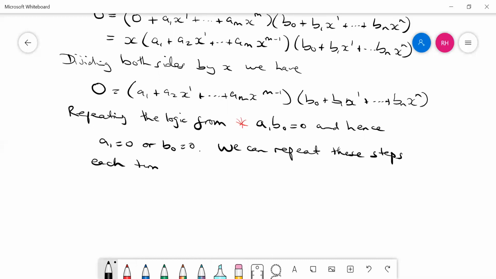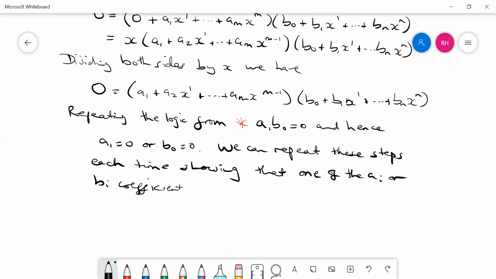Each time showing that one of the a_i or b_i coefficients equals 0.